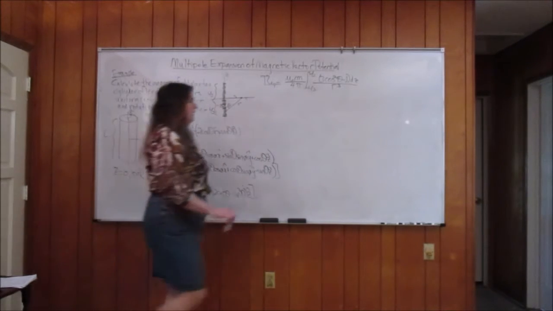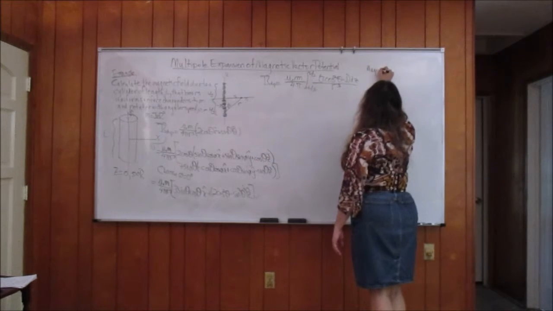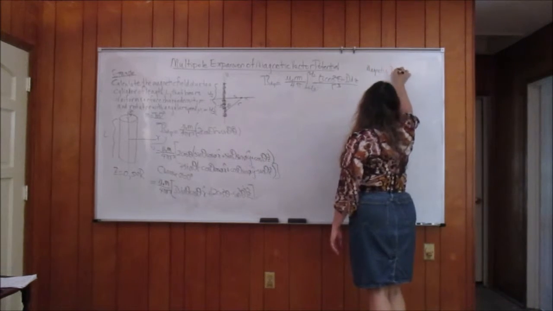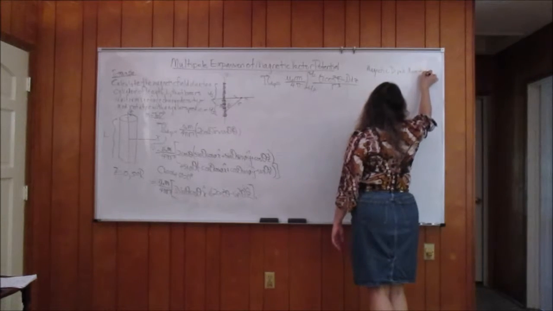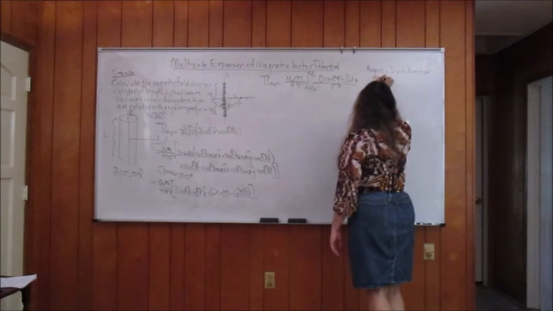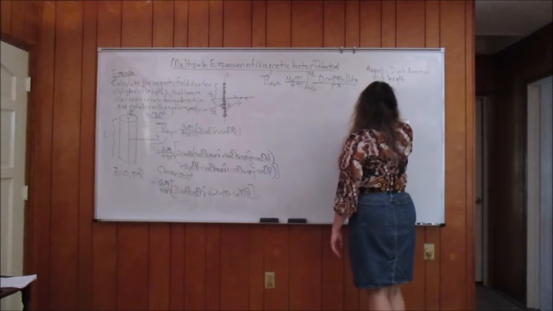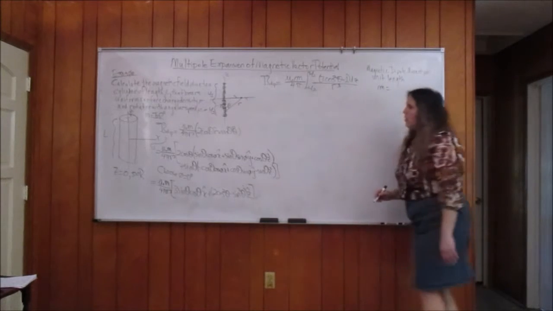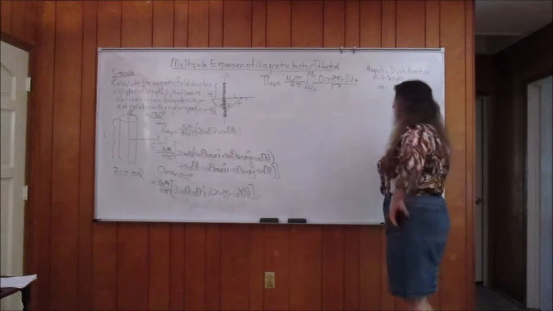Now, what is the magnetic dipole moment per unit length? Well, if you just had a single ring, it would just be I times pi r squared.